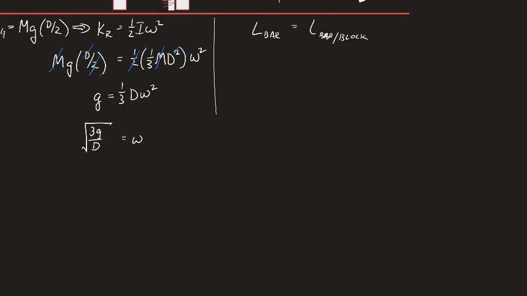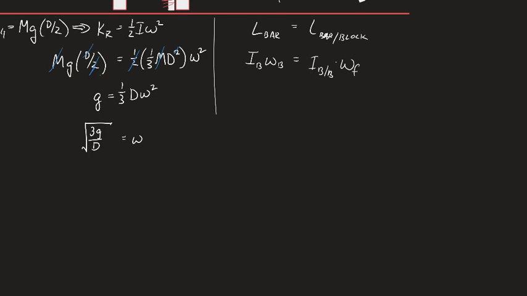For the bar, I for the bar times omega for the bar. And then afterwards, I for the bar block times omega final. It's a conservation of angular momentum. So I set the angular momentum before the collision equal to the angular momentum after the collision.